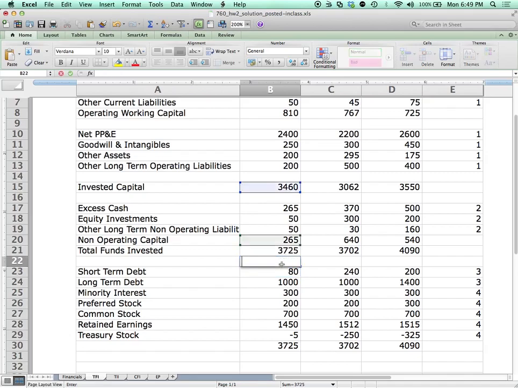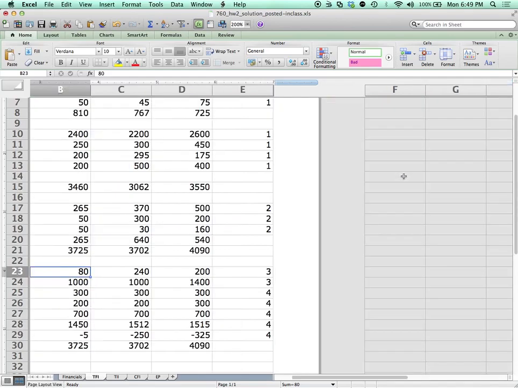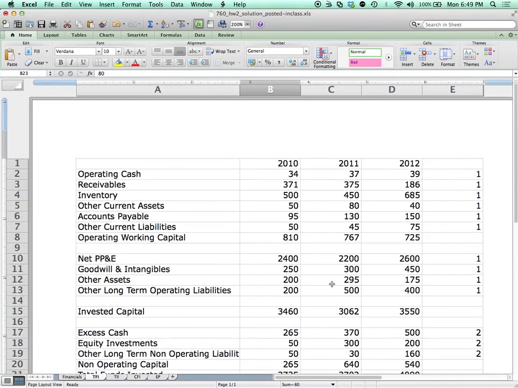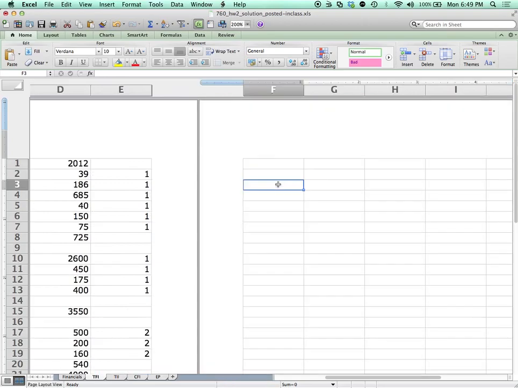Now you might say, gee, why would McKinsey break it out this way? Well, think about one of the things we focus on, return on invested capital. Let me take my ROIC here, and I'll do this for 2012 as an example.